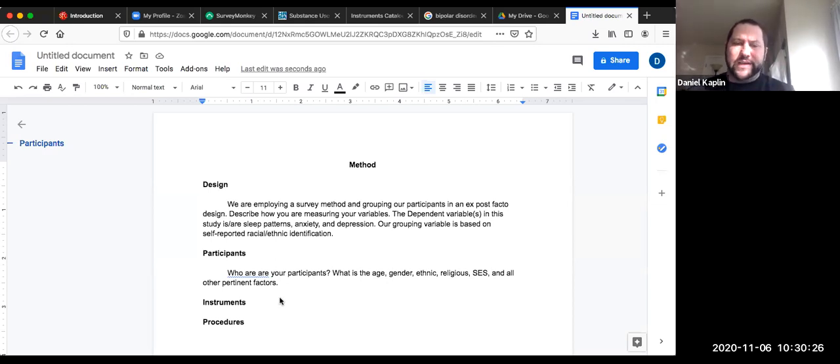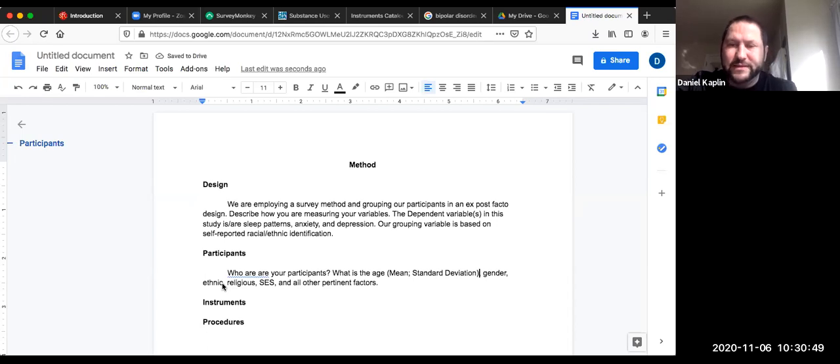When you report your participants and their age, you're going to report their mean age and standard deviation, right? So you're going to report that for age.